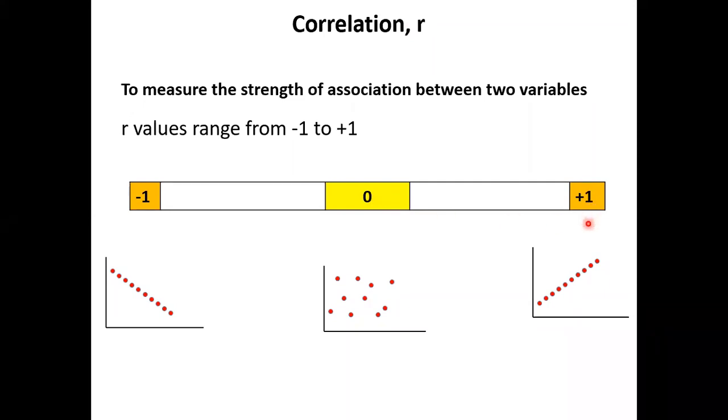With +1, perfect association. We don't see it in practice. -1, perfect negative, and we don't see it in practice either. Very close to zero means like this: temperature and rainfall in New York and KL.